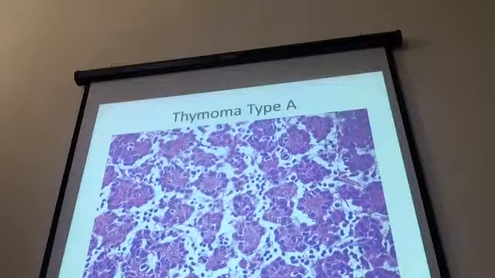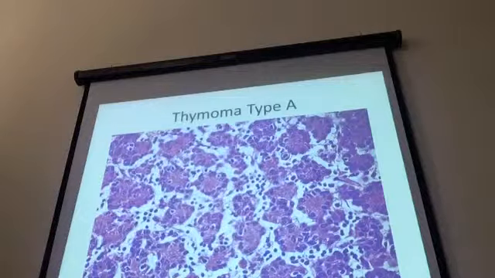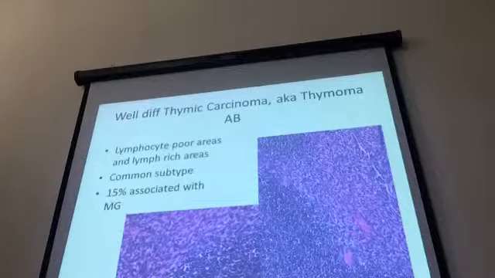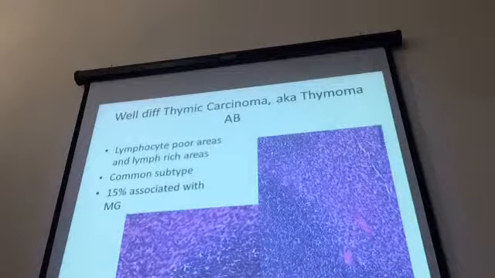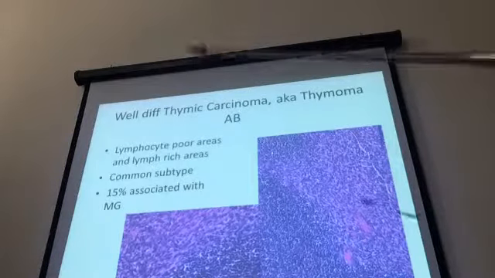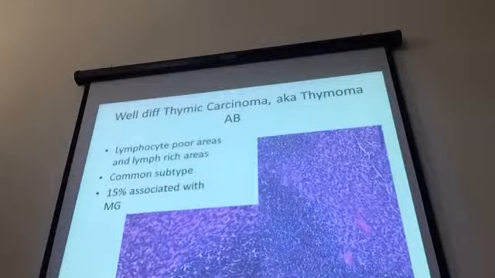Here's another pattern, rosette-like pattern that can also be seen in type A. Again, very few lymphocytes. So well-differentiated type AB thymoma has both lymphocyte poor areas and lymphocyte rich areas. So this is a mixture of these two.